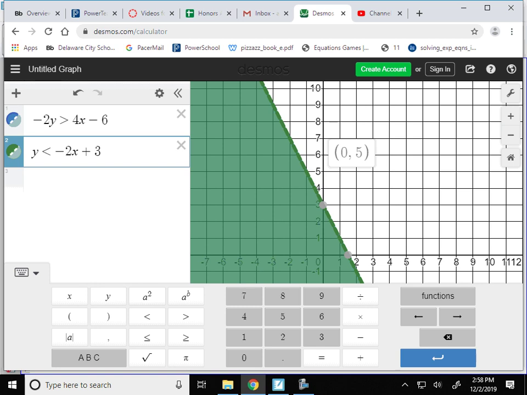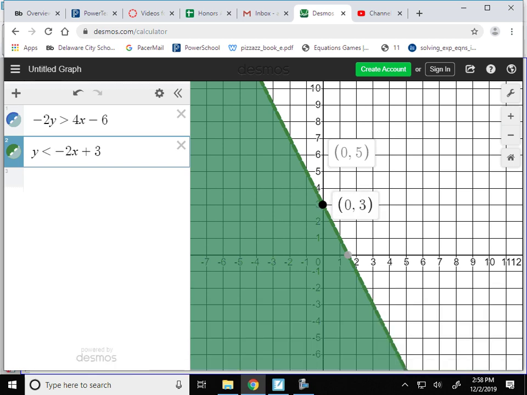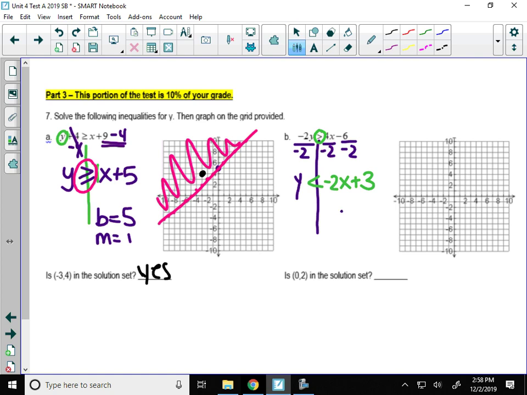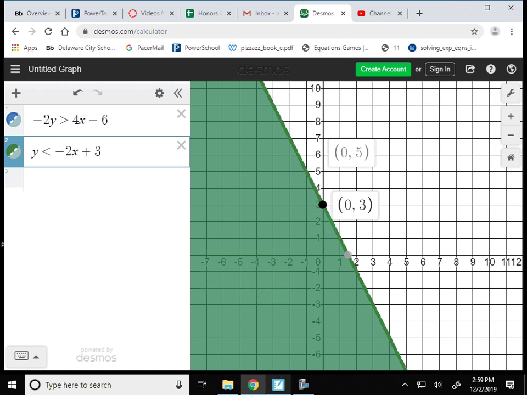Okay? So let's find our y-intercept. Well, from Desmos is 0, 3. And if I'm going to graph this, that's the number that's by itself. My slope is negative 2. That's the number in front of x. So I'm going to go down 2, right 1. Okay? So as you're graphing this, if you went the wrong way with your slope, you would be able to tell because your line would not look like Desmos.